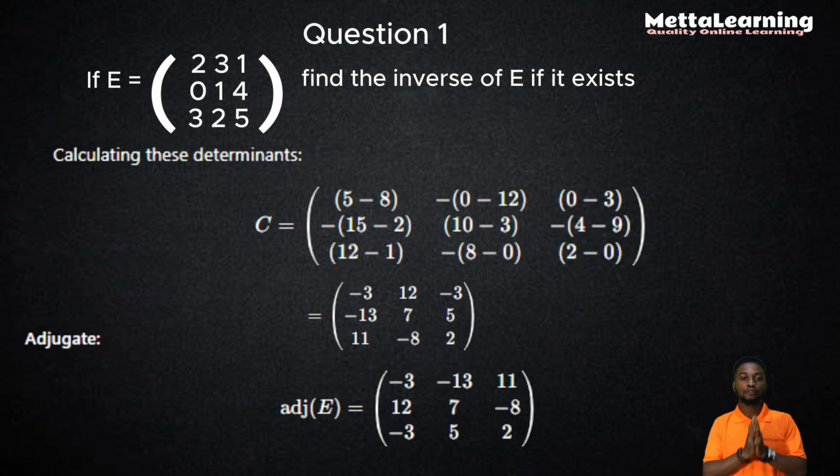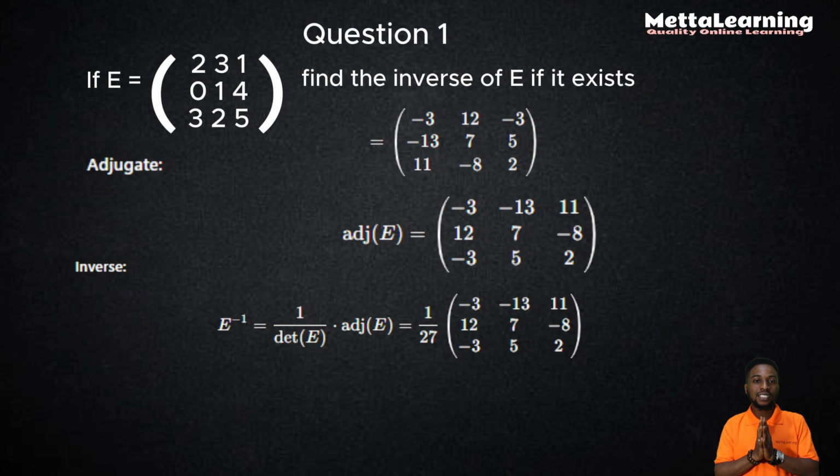Therefore the inverse, which is 1 over the determinant of E times the adjugate of E, will be 1 over 27 into bracket minus 3, 12, minus 3. Then the second row, minus 13, 7, 5. In the third row, 11, minus 8, and 2, then close bracket.